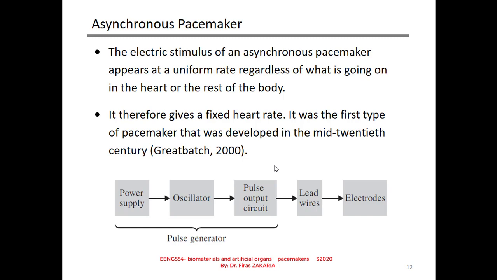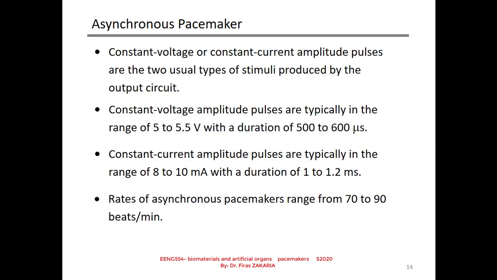هلا طبعا التايب أوف ستيمولاي، فإذا عندنا هون generation لستيمولس، حيكون عندنا هون pulse output. هيدا الستيمولس ممكن يكون constant voltage amplitude أو constant current amplitude pulse. فإذا إذا كان constant voltage amplitude pulse هو حيكون عنده range typically between 5 to 5.5 volts، وكمان with a duration of 500 to 600 microseconds. وإذا كنا عم نحكي ب constant current amplitude pulses فإذا هني typically have the range between 8 to 10 milliampere with a duration of 1 to 1.2 milliseconds.